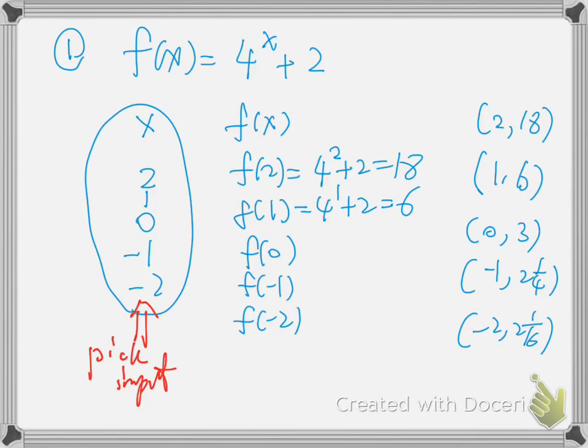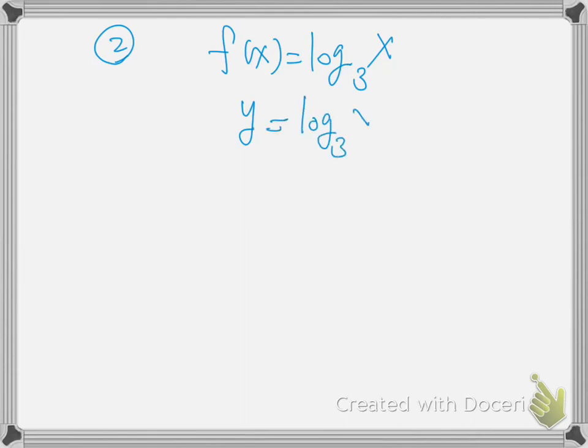For the log function, number 2, it's very hard to estimate the log. So we first change this function to exponential form. We replace f of x by y, a new letter, and then we read it either counterclockwise or clockwise.